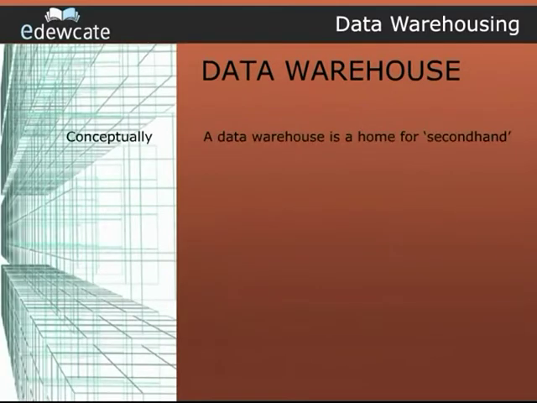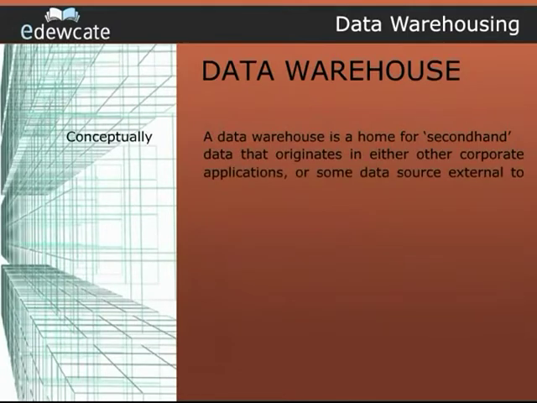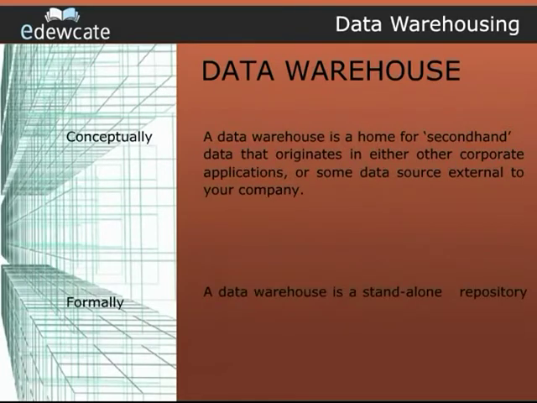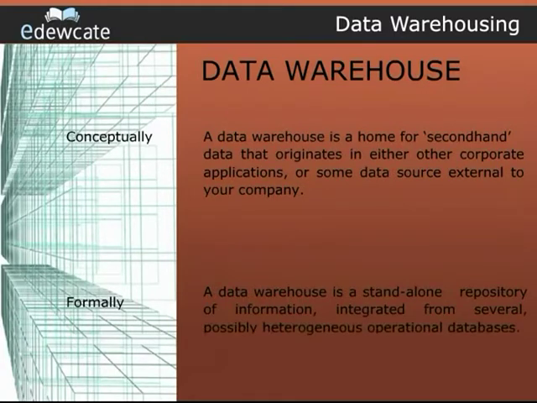Conceptually, a data warehouse is a home for second-hand data that originates in either other corporate applications or some data source external to your company. Formally, a data warehouse is a standalone repository of information integrated from several possibly heterogeneous operational databases.